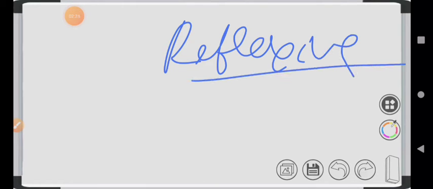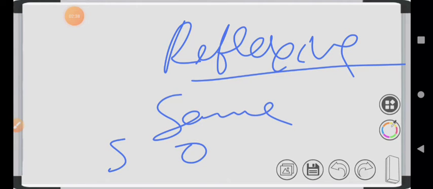First of all, we will have a brief discussion on the reflexive pronoun. We use a reflexive pronoun when the subject and the object in a sentence are the same person or thing. That is the definition.